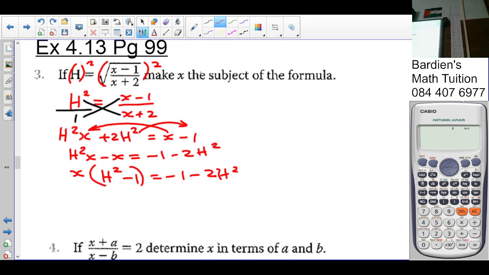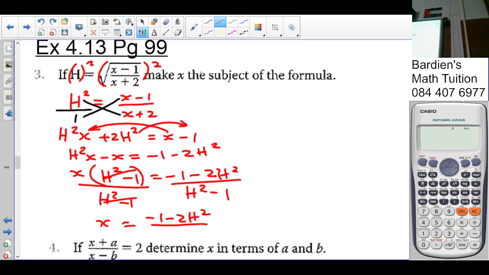So what do we do now? Divide by h squared minus 1. So the answer is x is equal to negative 1 minus 2h squared all over h squared minus 1.